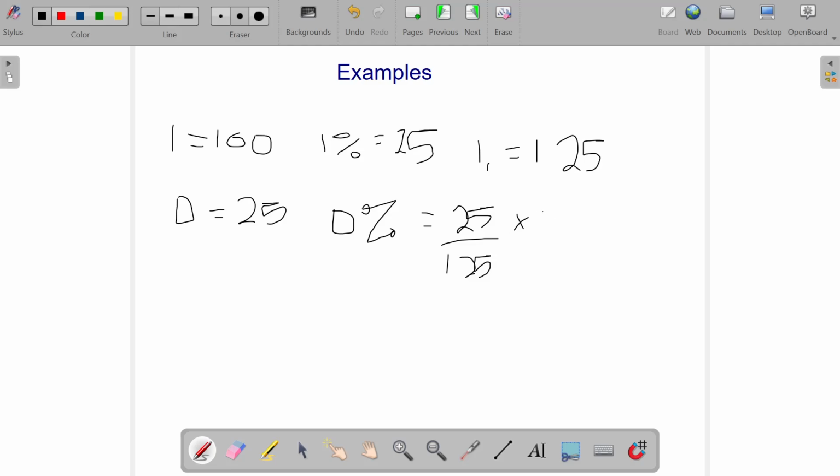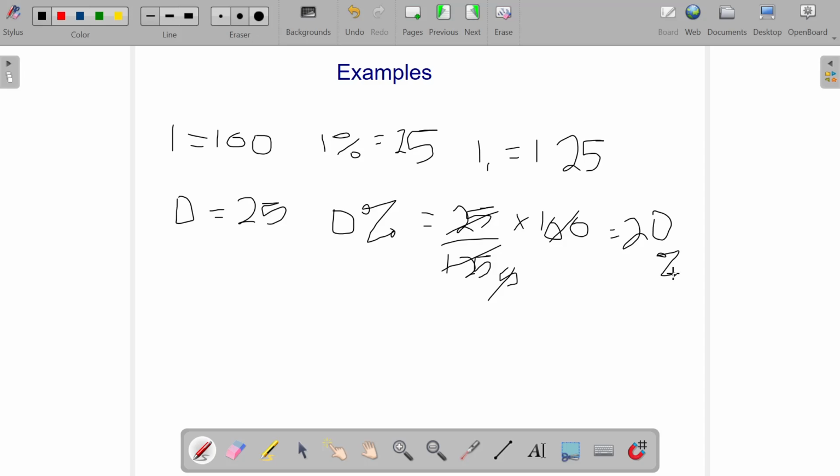Multiplied by 100. So 25 and 125 get cancelled, and we are left with 5 and 500. So we are left with 20. So we need to decrease it by 20 percent.